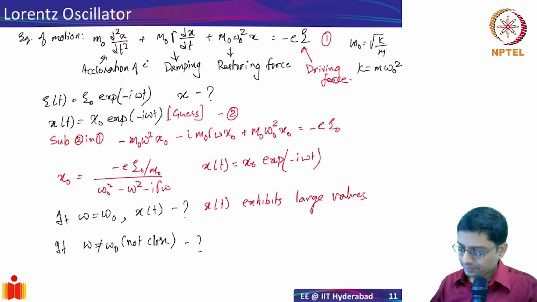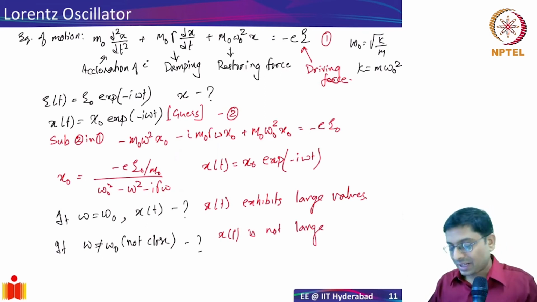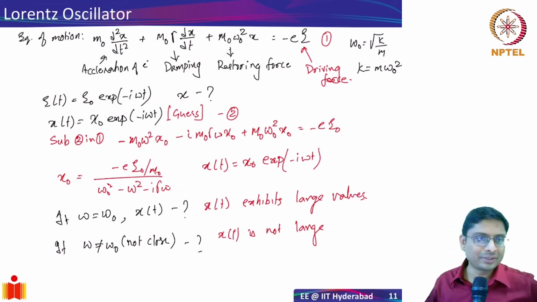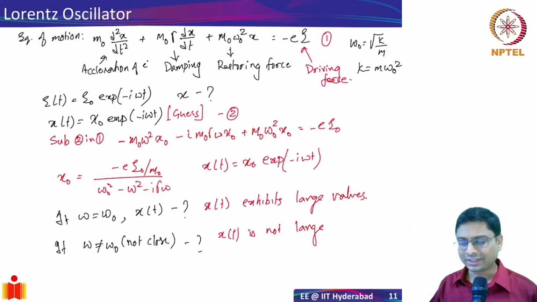Well, x of t is not large. In fact, I should actually take a phase term, and we have to be a little bit more exact, but for the purposes of this discussion, I think it's enough to forget about the phase part right now. Okay, all right, you have this solution.